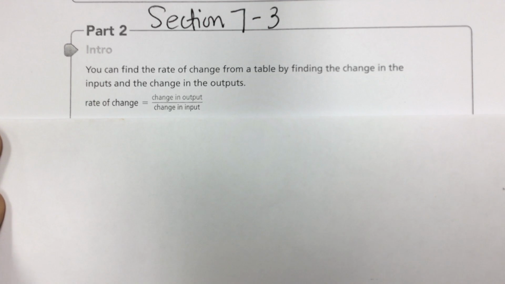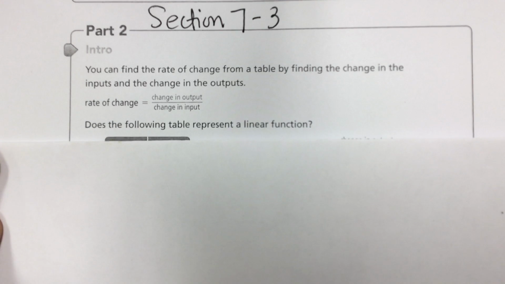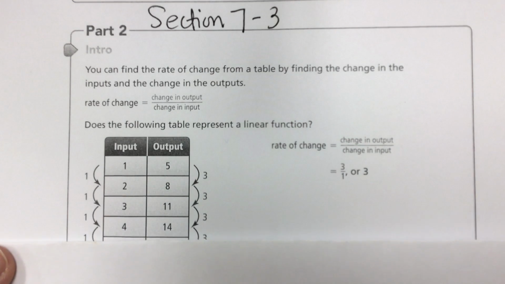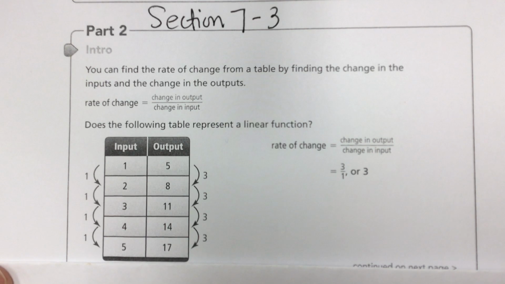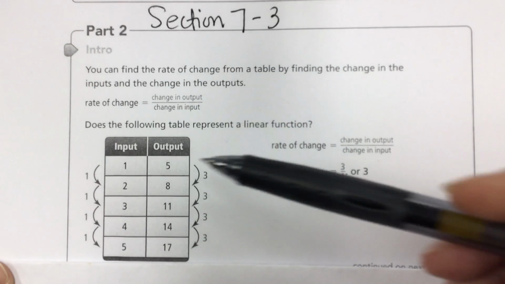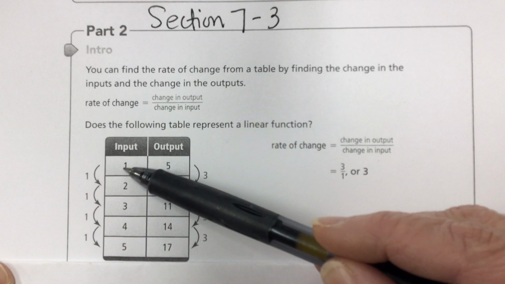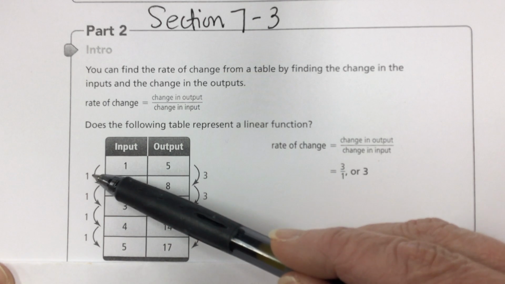Remember, your Y's are your outputs and your X's are your inputs. Okay? So what I want us to look at is a table, and let's see if this table represents a linear function. Well, we want to look at the left side. What did we have to add to 1 to get to 2? You had to add 1.